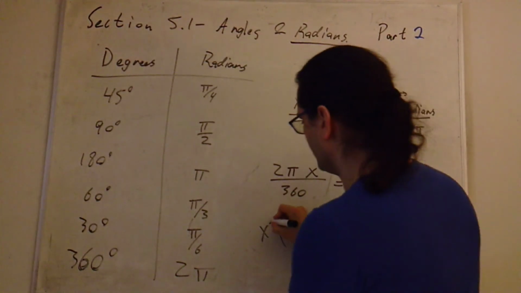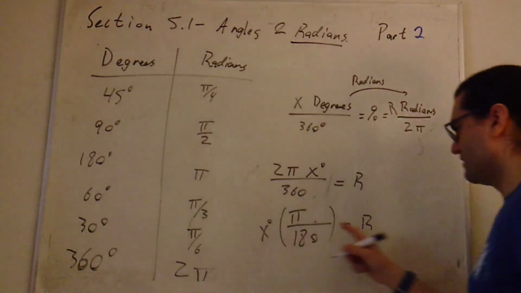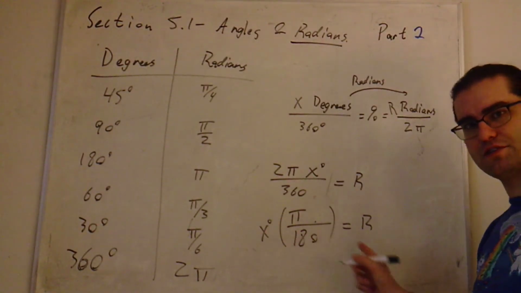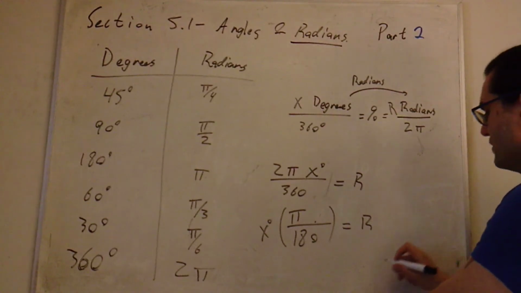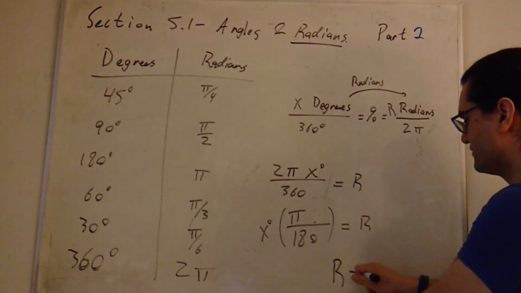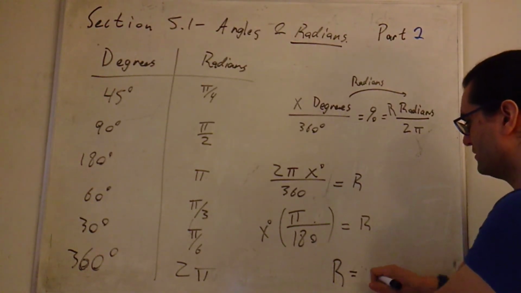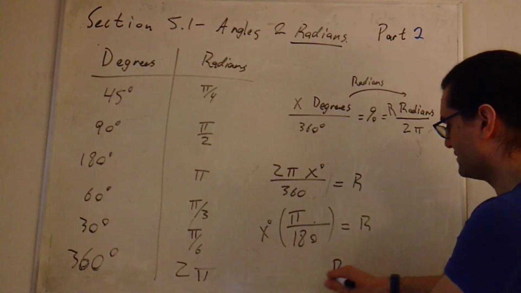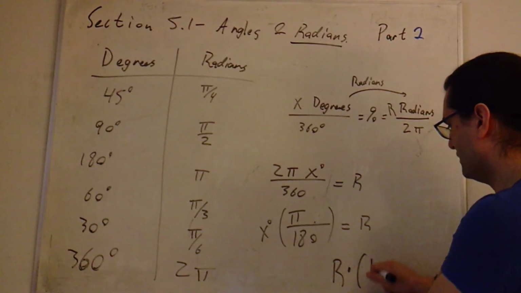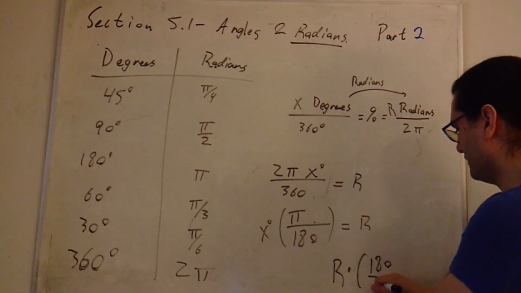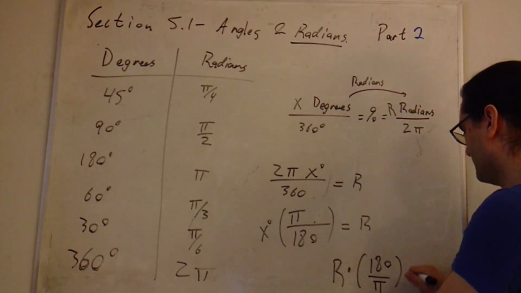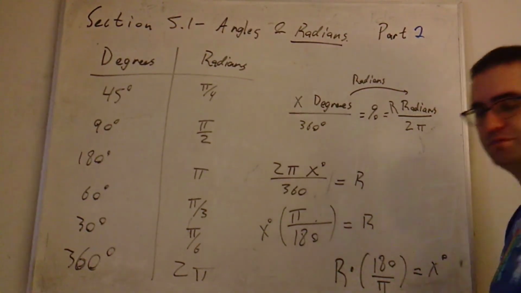This is the formula as it's presented in the book, I think. If you're going in the other direction, you just flip that ratio upside down. Radians times 180 over pi will give you x degrees.